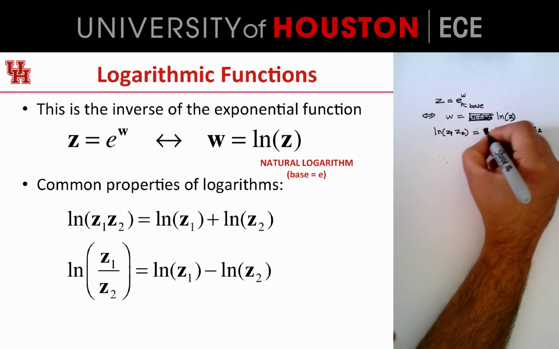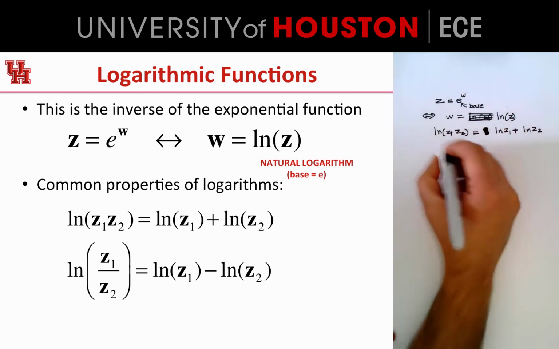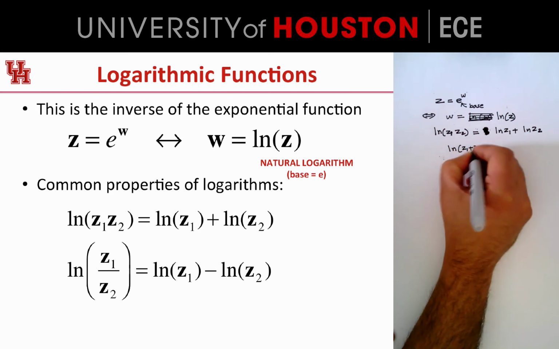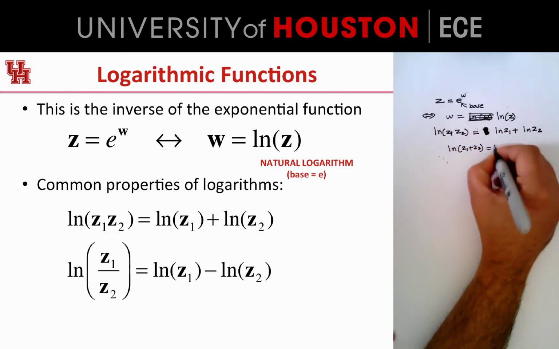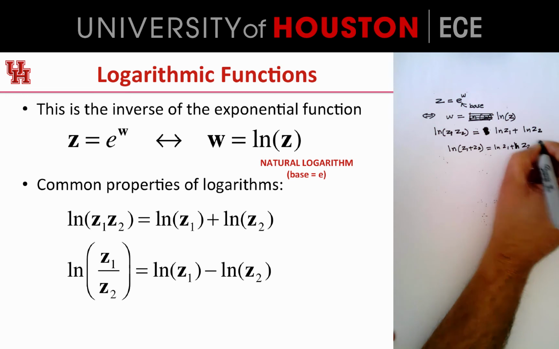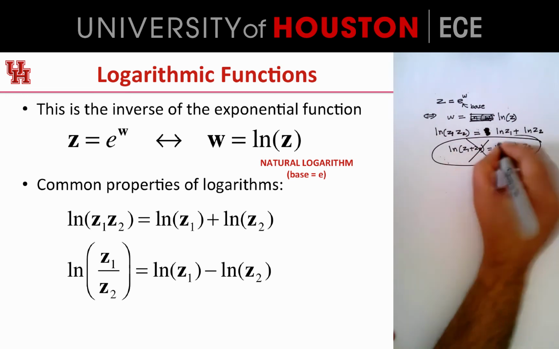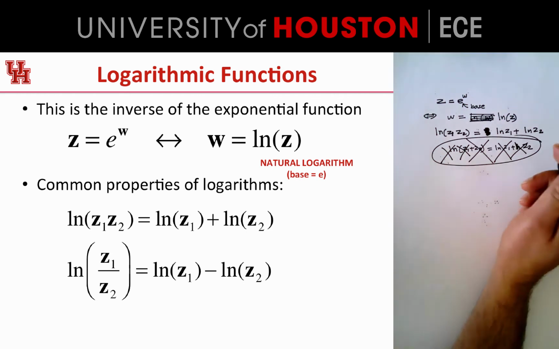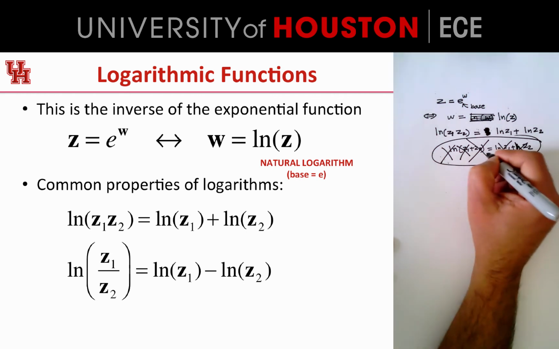Now, a very common mistake that students make is trying to say that the log of z1 plus z2 equals log of z1 plus log of z2, and this is wrong. Let me cross it out many times. Don't make this mistake.